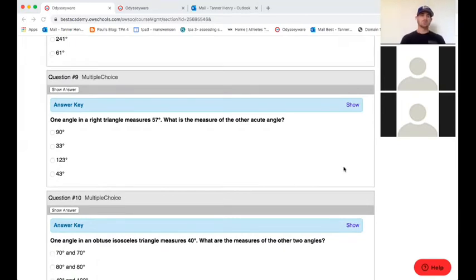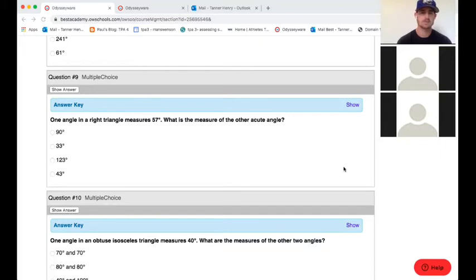Okay, this one says one angle in a right triangle measures 57. What is the measure of the other acute angle? $123. How'd you get that? Well, I looked at all the other ones, and it's 90 plus 57 in my brain.